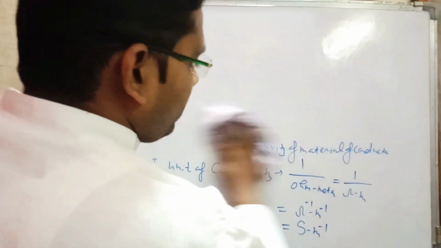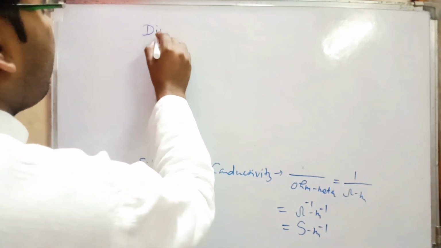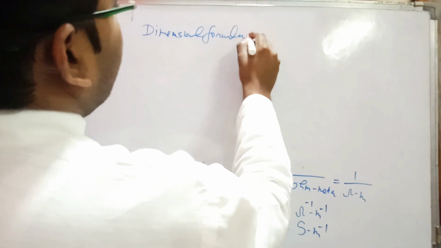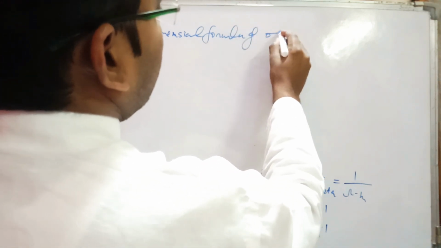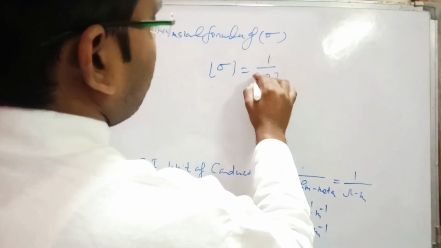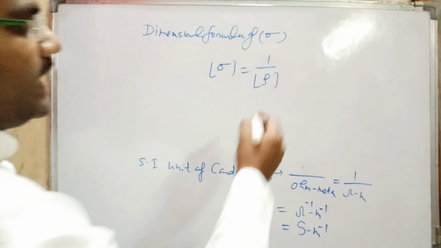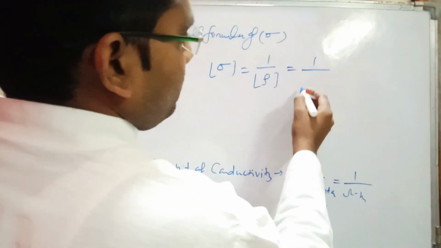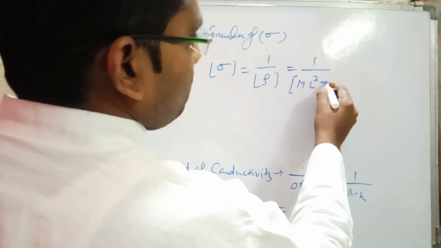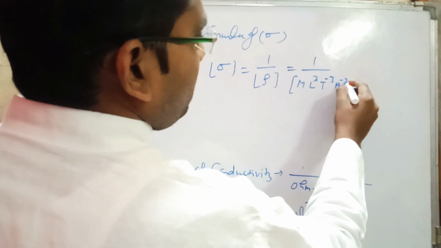And the dimension formula of conductivity. The dimension formula of sigma is equal to 1 upon the dimension formula of resistivity. Here the dimension formula of resistivity is M L cube T power minus 3 A power minus 2.